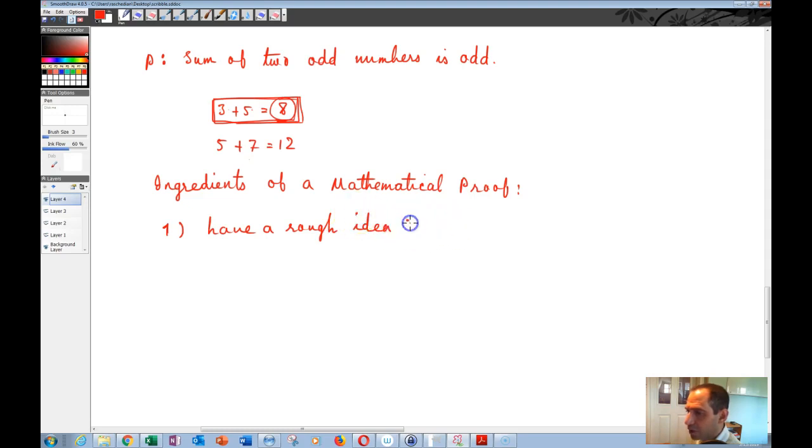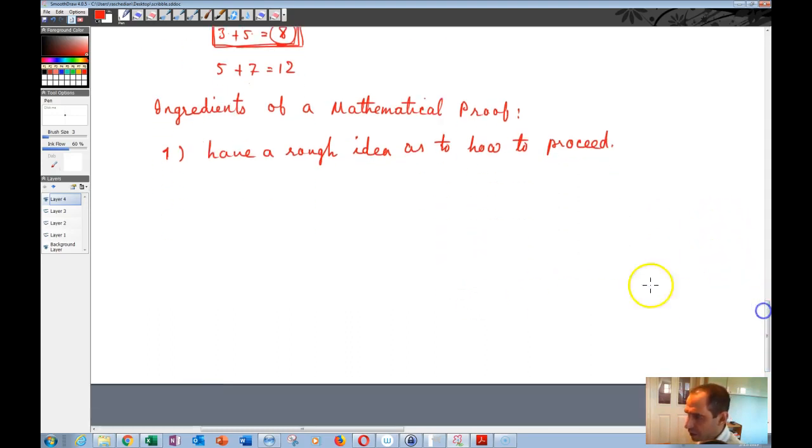So for example, what that means is that, let's say that I want to prove that the sum of the internal angles of a triangle is 180 degrees. Usually when it comes to geometry, you have to draw some sort of diagram in order to be able to see something and think about the situation.